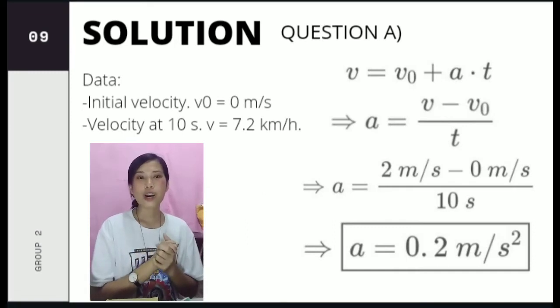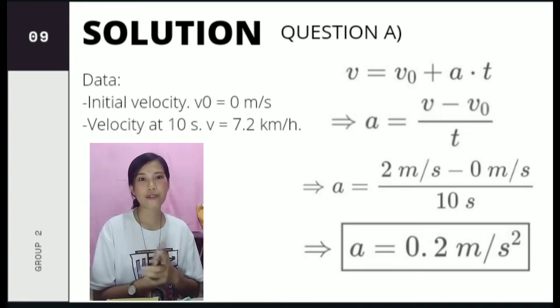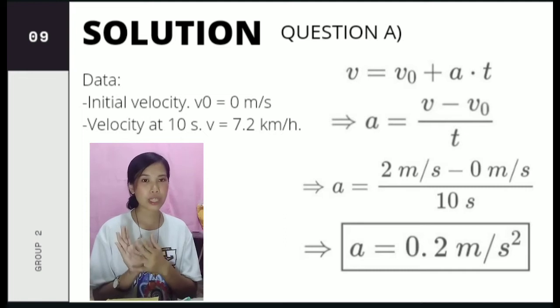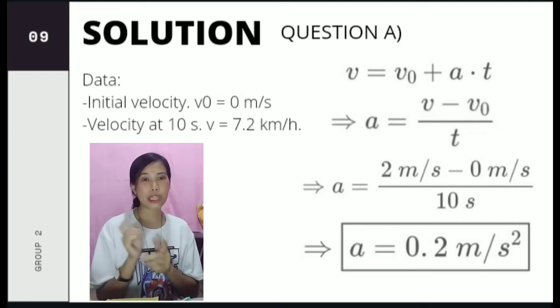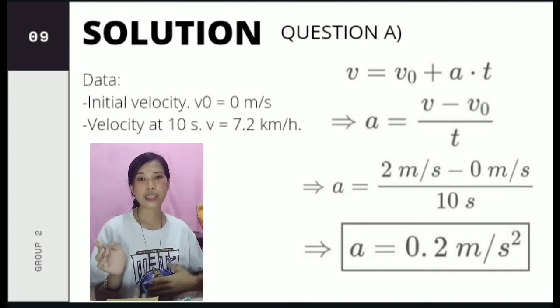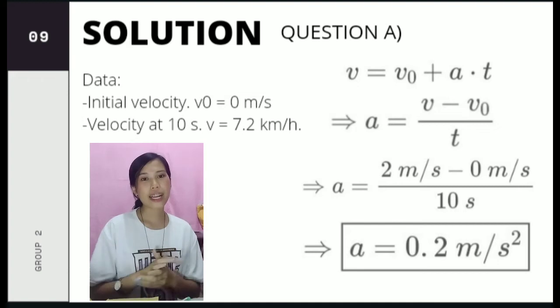And so we are asked for the acceleration in the first phase of the motion. Since we have the initial velocity, which is 0 meters per second, the final velocity, which is 2 meters per second, and the time between them is 10 seconds, we can use the velocity equation and calculate the acceleration directly.